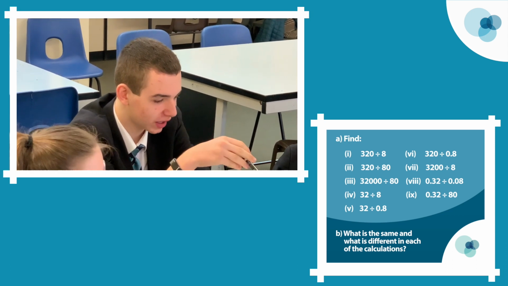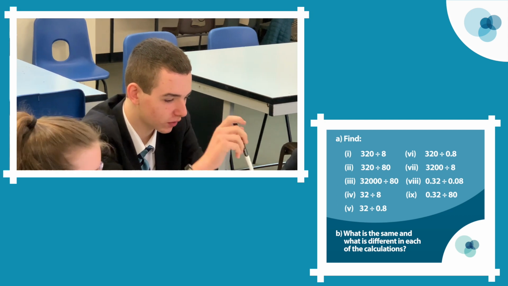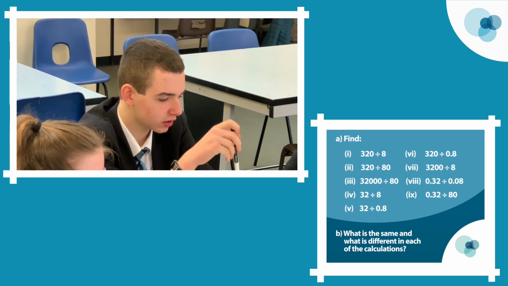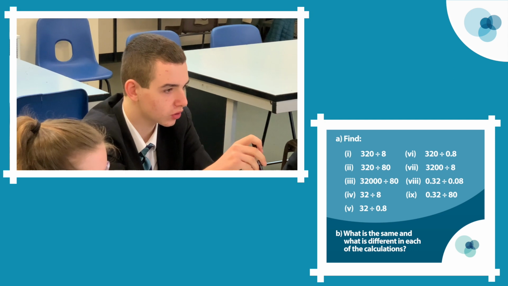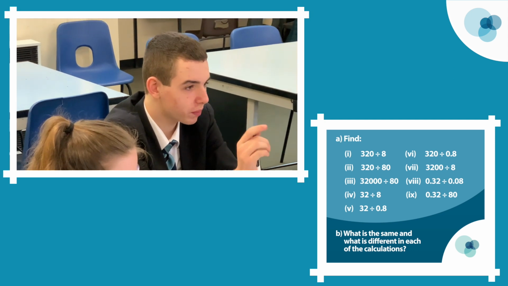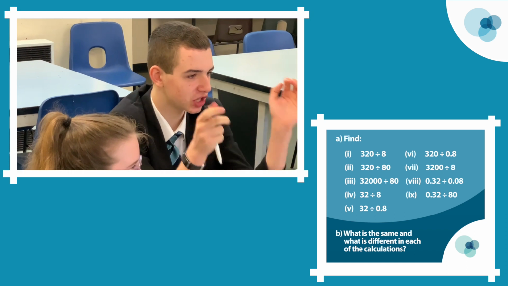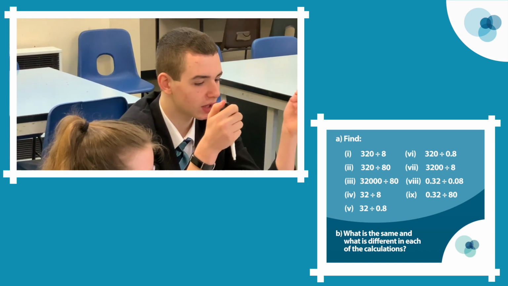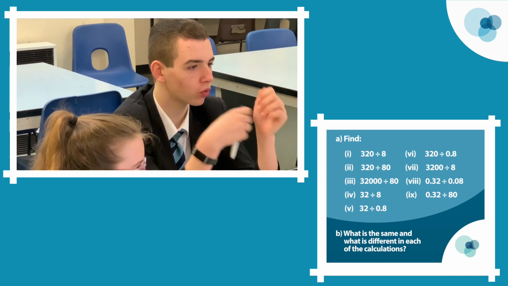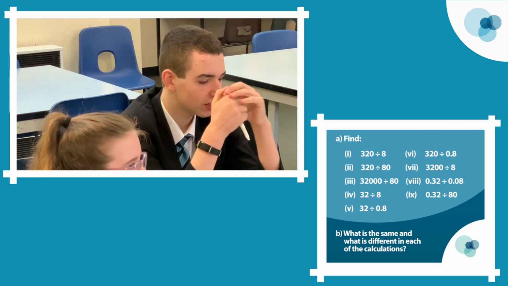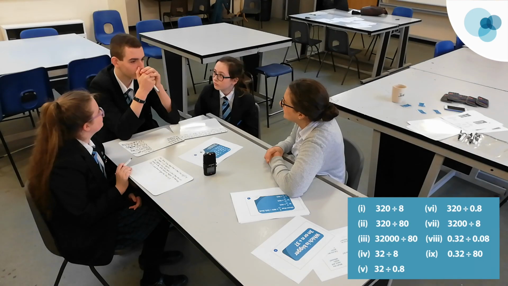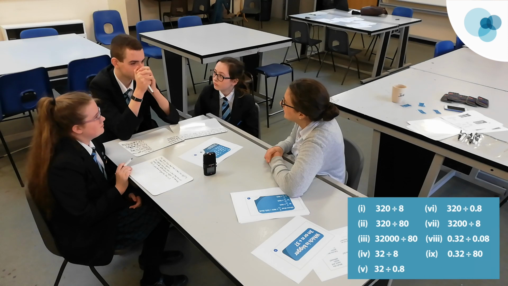So if you move on to the next one, which is 320 divided by 80, you just added another 0 onto the 8, so it will be 4, because the number you're dividing by depends how many times you can share it out. So the bigger the number, the fewer times you can share it out, because there's more things you need to share out in between. So that will help you find out how you need to work the answer.